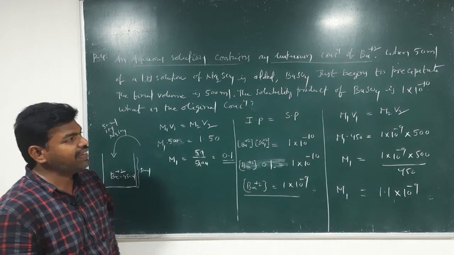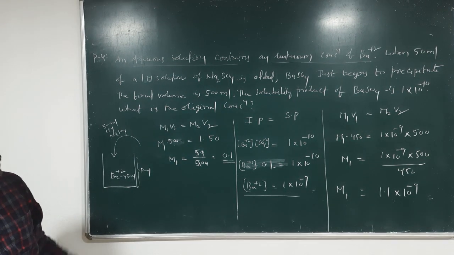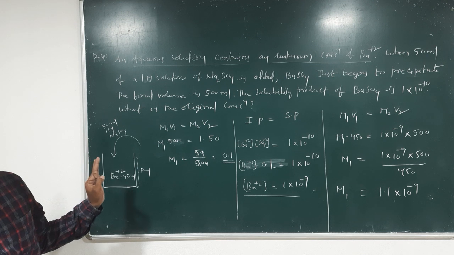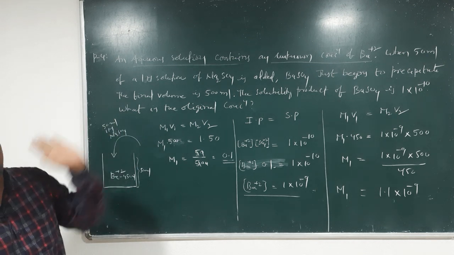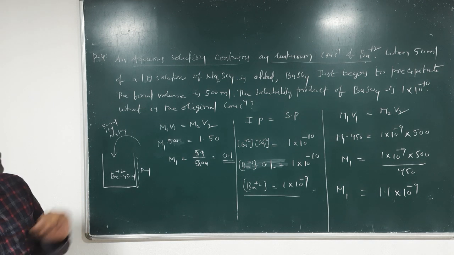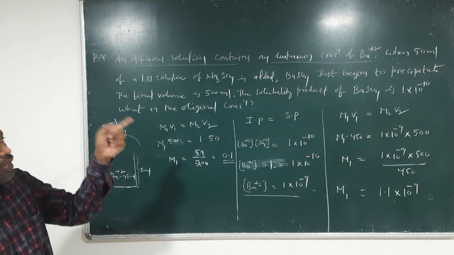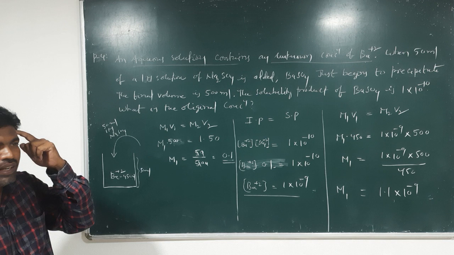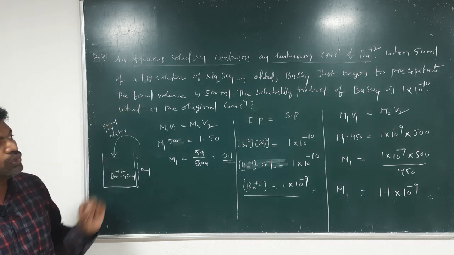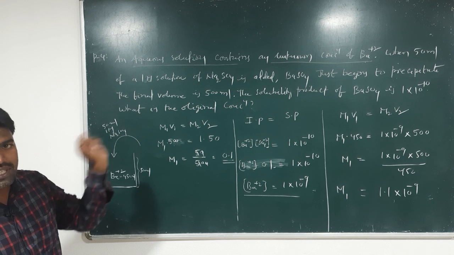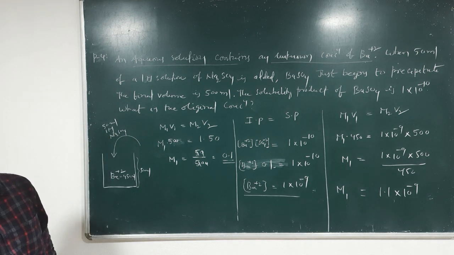This is very important to understand. From this problem we can understand how things happen, so we should keep this problem in our mind. This problem enables us to think like that whenever this type of problem is given.